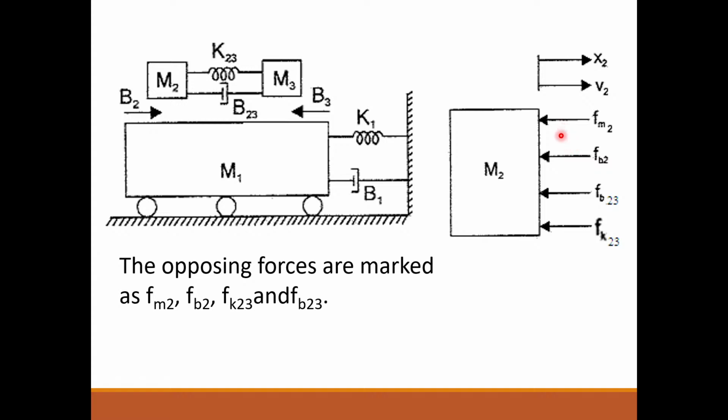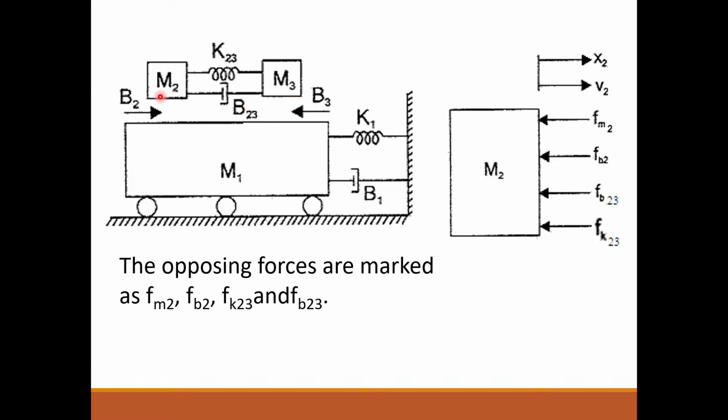So for those forces, you can draw a square or rectangular box, write M2 inside that box, and put arrow marks maybe towards the mass or away from the mass. Direction is not important. And write down Fm2, Fb2, Fb23, Fk23.